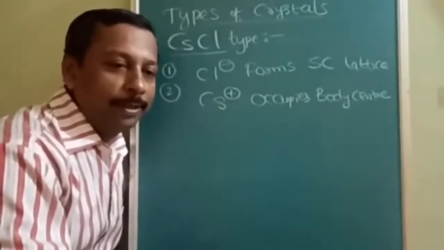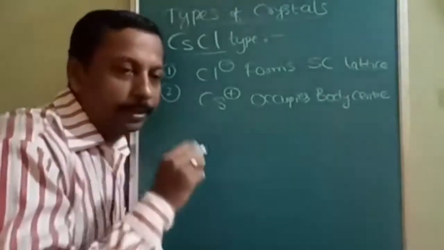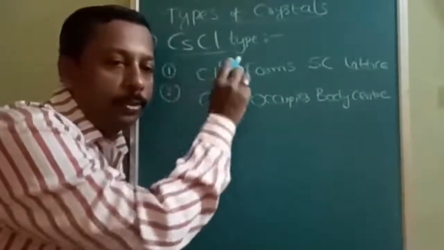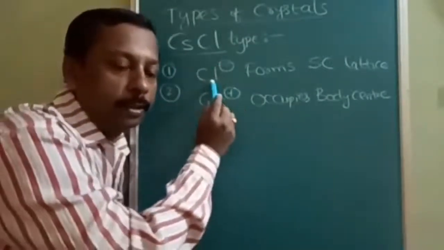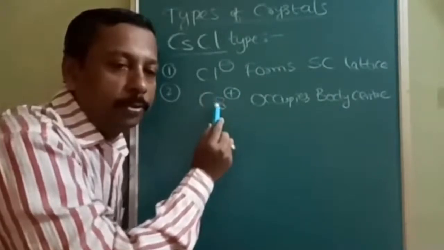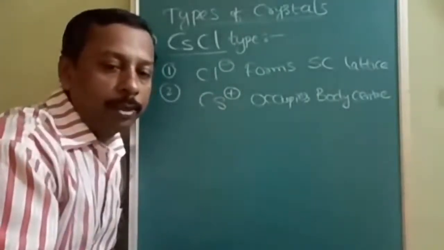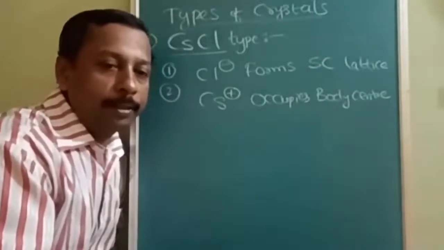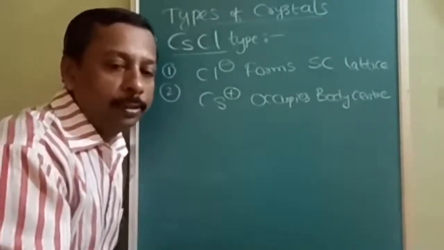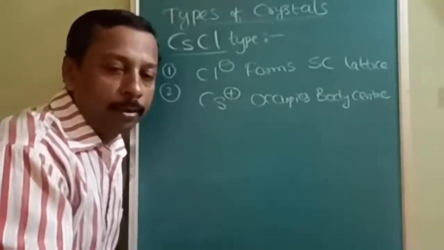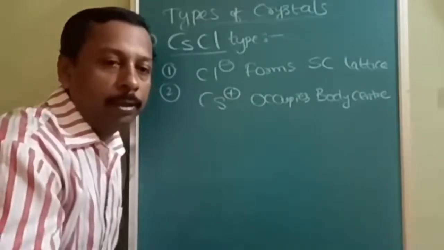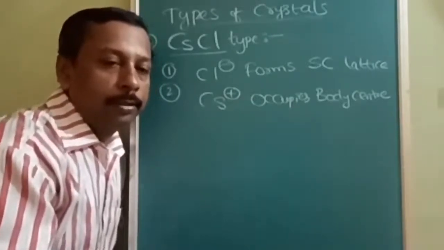It is not BCC for the individual ions. When you combine the total cesium chloride, in terms of Cs+ only the body center, and in terms of Cl- only simple cubic. The total overall structure is going to be, what? Very good. Overall structure is BCC.